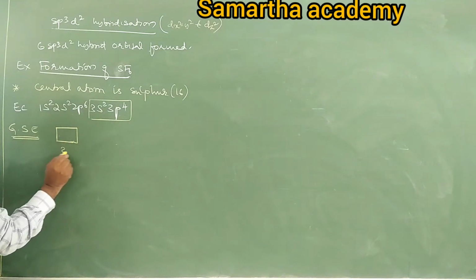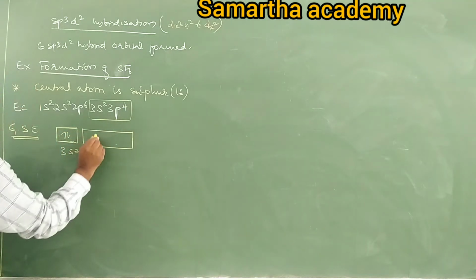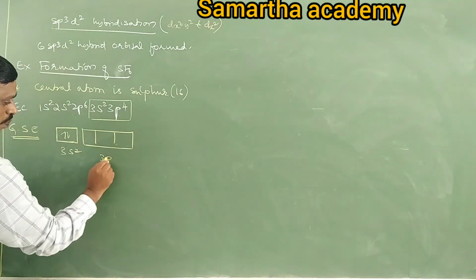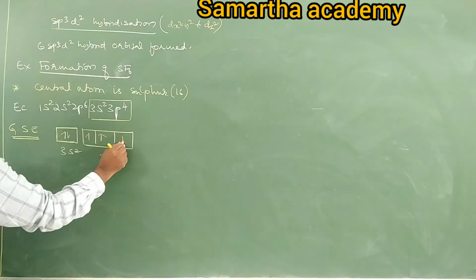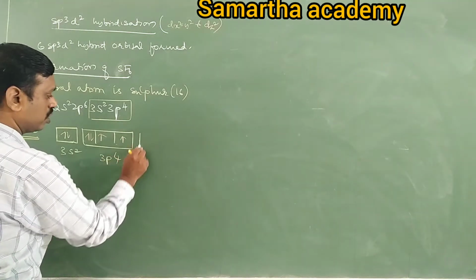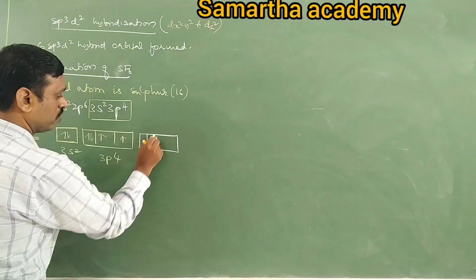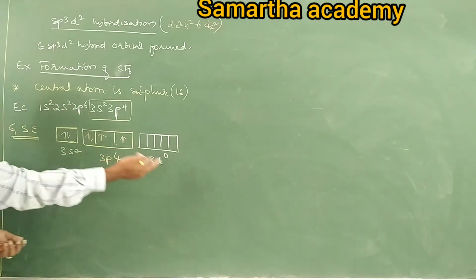Next is 3p4. So p orbital has how many boxes? 3 boxes, px, py, pz. But since sulfur belongs to third period, it has d orbital also. That is, we can also write 3d0, because after 3p, 3d will be there.